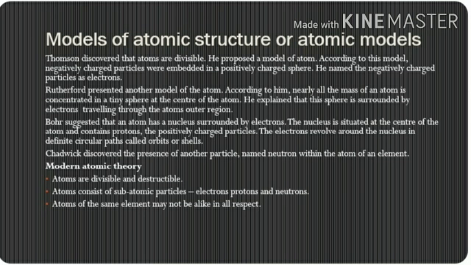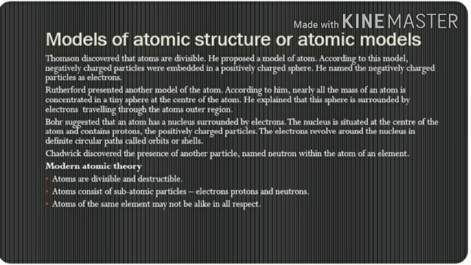In the year 1913, Niels Bohr suggested that an atom has a nucleus surrounded by electrons, and the nucleus is situated at the center of the atom and contains protons, the positively charged particles.